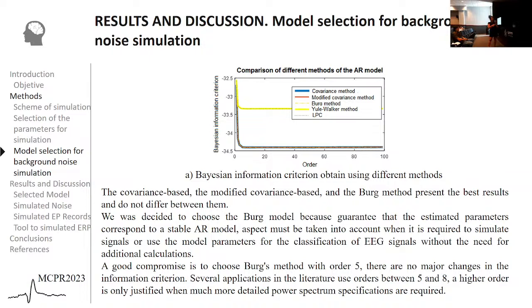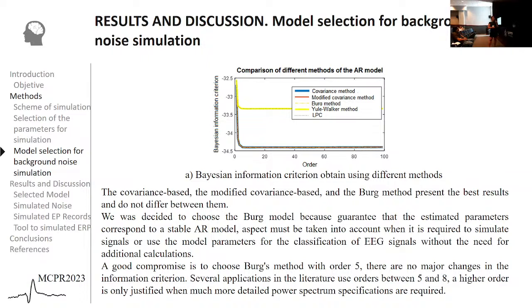The covariance method, the modified covariance method, and the Burg method present the best results and do not differ between them.